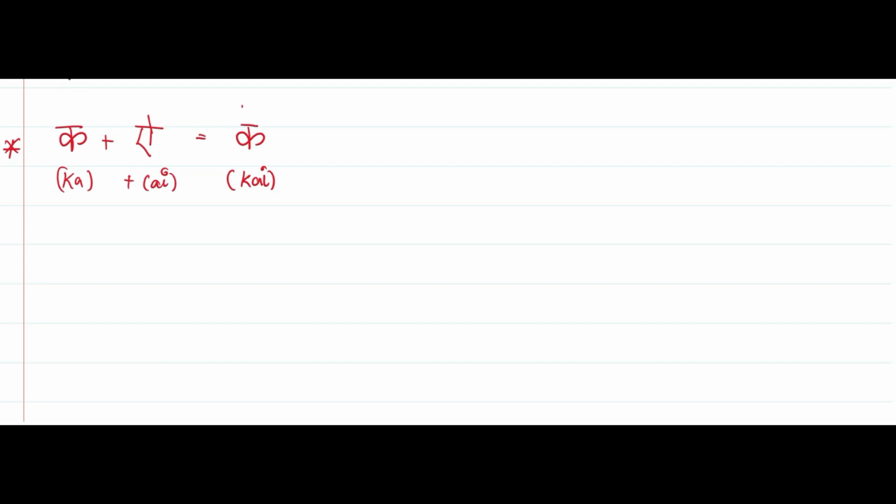So here you have to put two slanting lines like kai, kai, kai. So the rule is add two slashes on the vertical line. Okay, so it becomes kai.